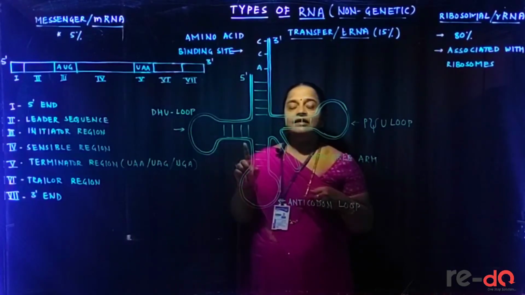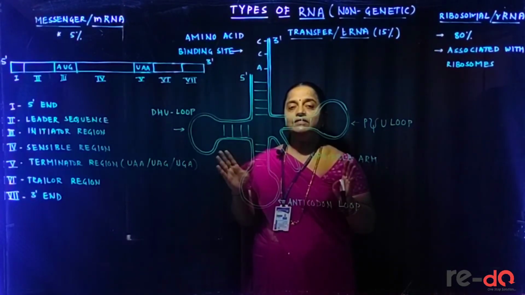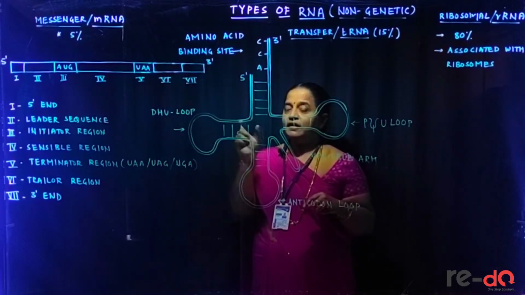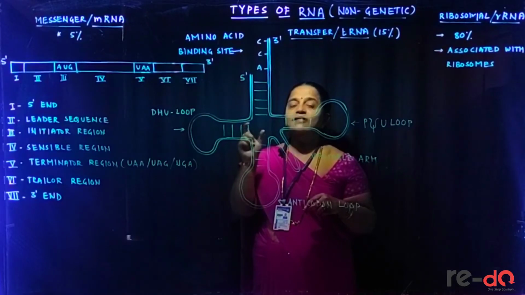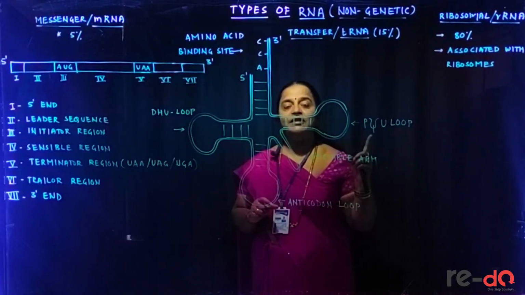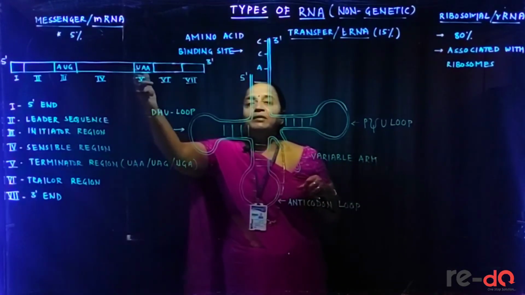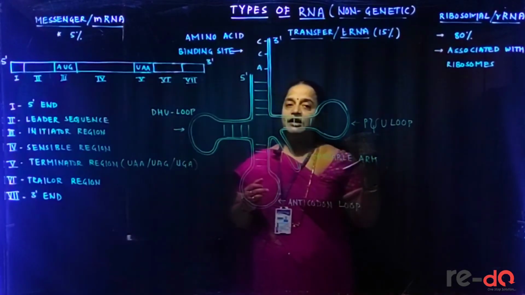They are continuously arranged without any punctuation. They never overlap. They are universal, meaning a set of 3 nucleotides specifies a single amino acid during protein synthesis. There are many triplets available here, and it varies from one mRNA to another.